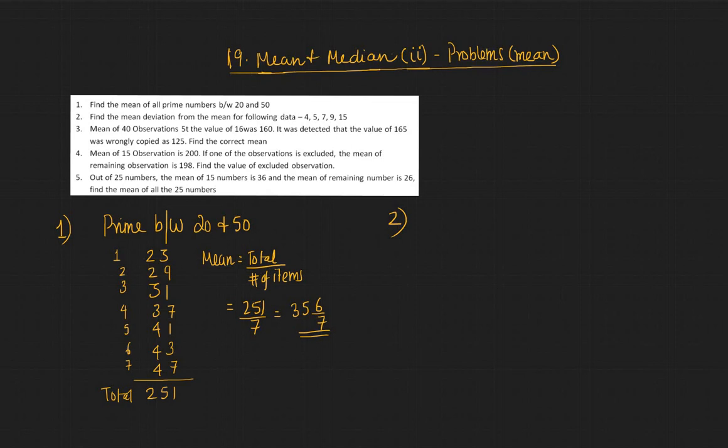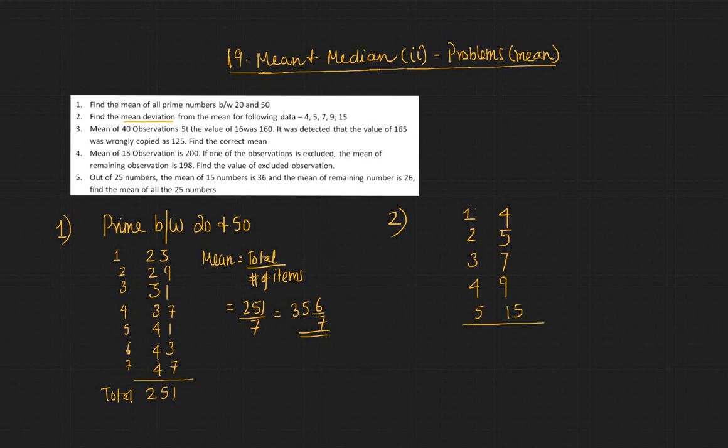Find the mean deviation from the mean for the following data. So what's mean deviation? Let's do this problem together, since we don't know what mean deviation really means. First let's write down these numbers: the first number is 4, the second is 5, the third is 7, the fourth is 9, and the fifth one is 15.